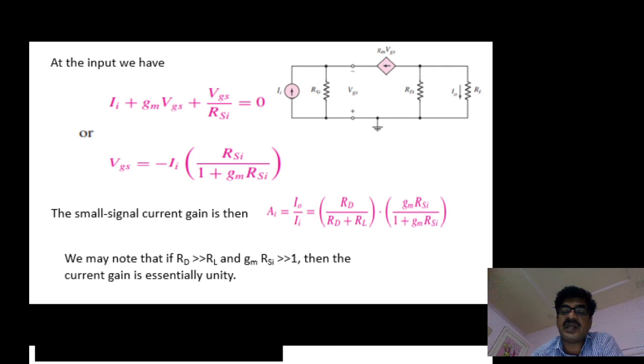The current gain in CG configuration is unity, like alpha in the case of the CB configuration of BJT, which is almost nearer to unity. Similarly here in the common gate case the current gain is almost equal to unity.